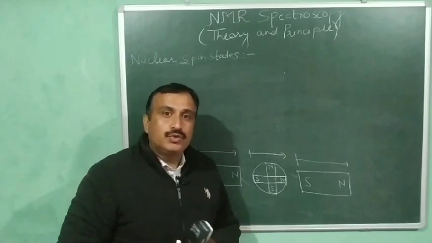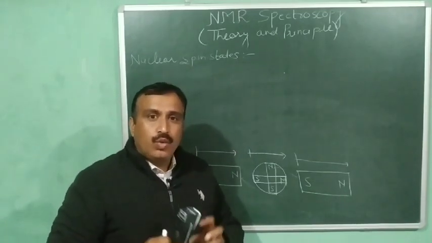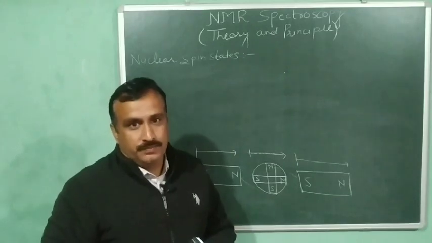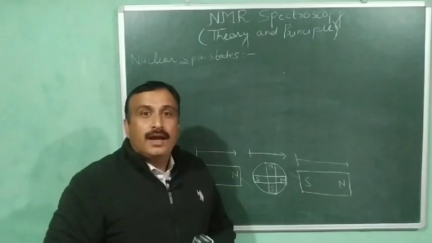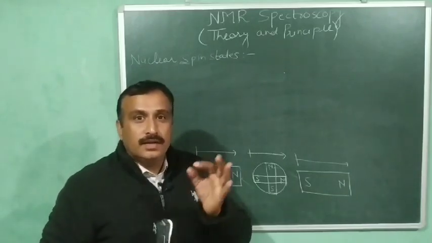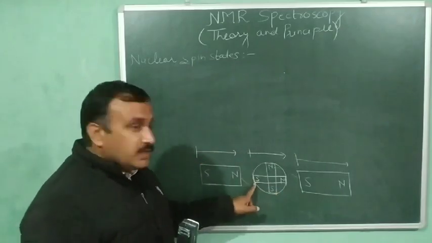And I have told you in my videos when I discussed chemical thermodynamics that whenever there is a force of attraction, there is stability, and whenever there is stability, there is a fall in energy. So here attraction is there.